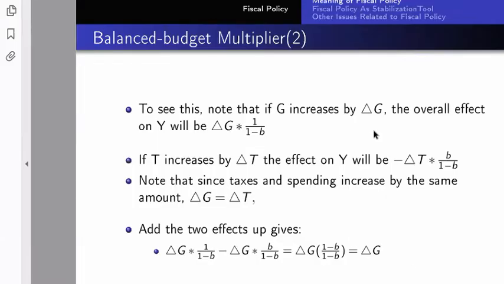To tell the effect of a change in G on change in Y, all you need to do is calculate the multiplier and multiply it by the change in G, and it will give you the change in Y. The same thing if you want to tell the effect of a change in T on a change in Y: calculate its multiplier, which is minus B over 1 minus B, multiplied by the change in T, and that gives you the effect of the change in T on change in Y.